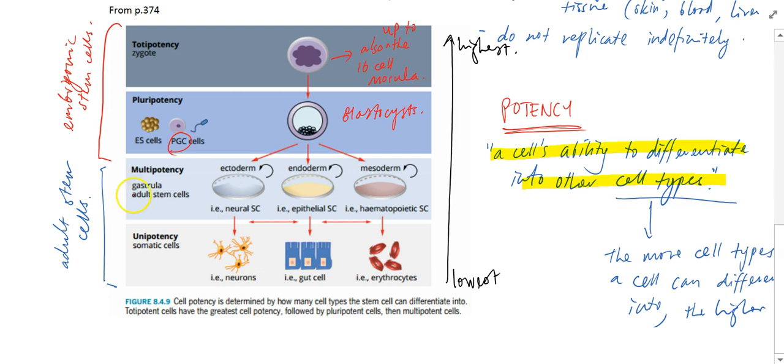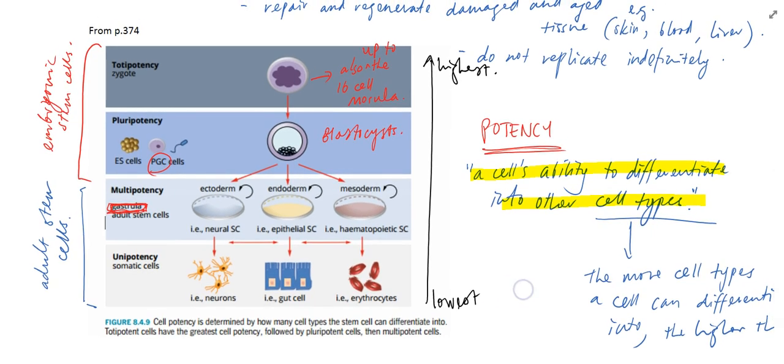But in terms of multipotent stem cells, we also have these cells here from the gastrula. Now, the gastrula are not found in the adult, it's not like an adult structure. It's actually one of the early embryonic development structures or masses of cells. And these have the three different germ layers here.